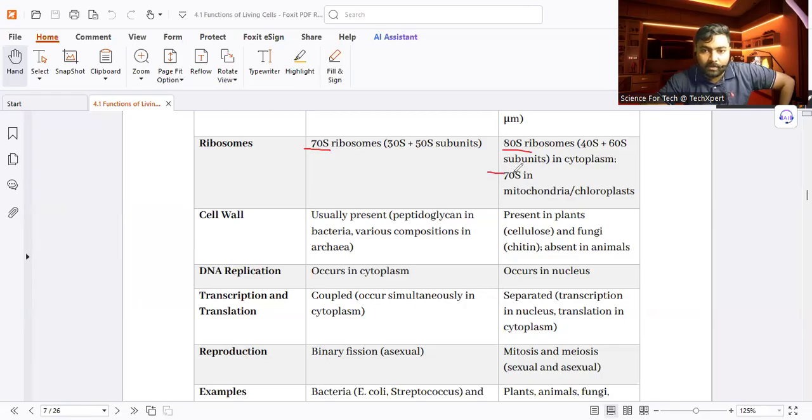But there is a special case: mitochondria and chloroplast have 70S ribosomes. I don't think this point is checked for the SFT paper, but just remember it as a memory. I don't think this point will be checked, but there is something like this.